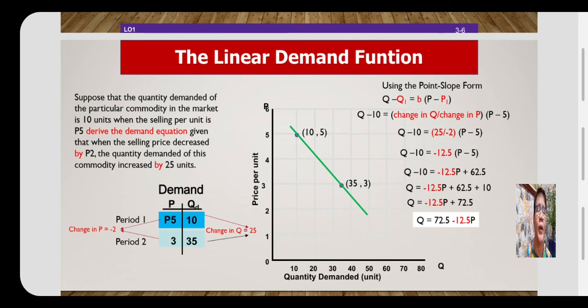So simplifying, we will have Q minus 10 equals negative 12.5 times P minus 5.